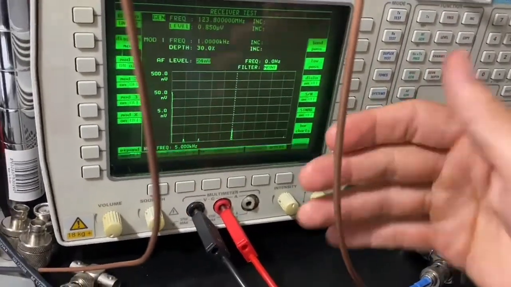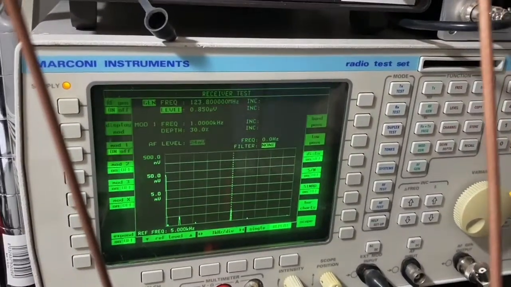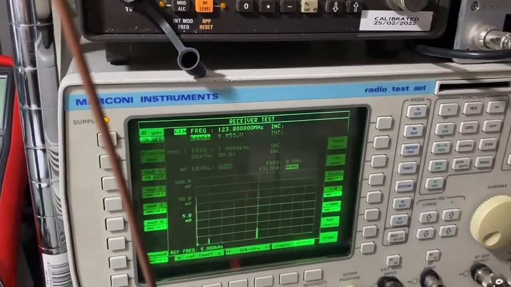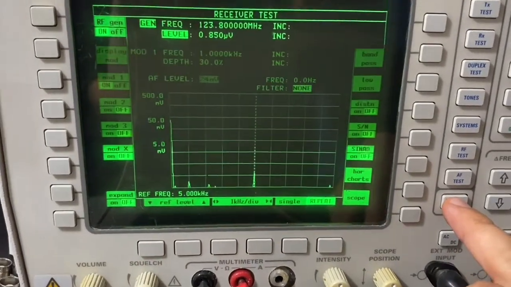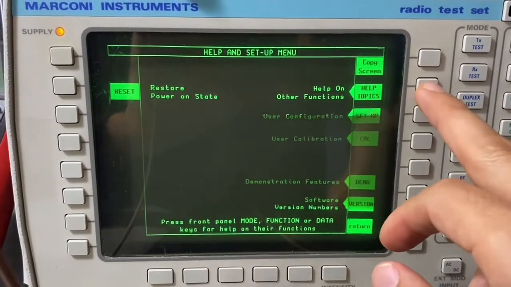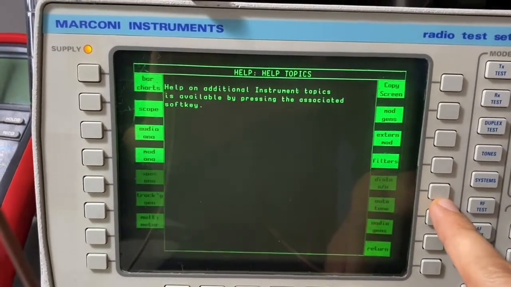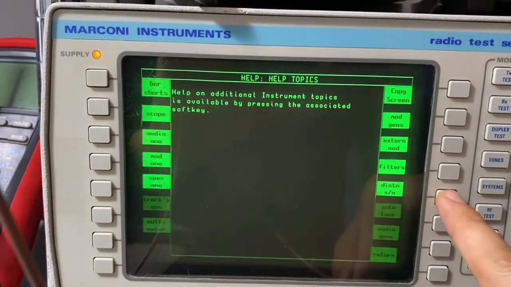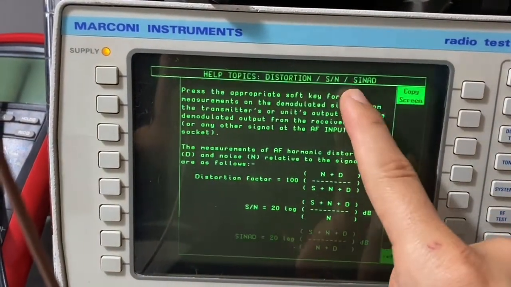If we look here on the Marconi, sorry for the cables, actually I can get rid of this one here and this one as well. If we look here on how to set up, we look for topics, we can ask the Marconi about distortion and signal to noise and SINAD.